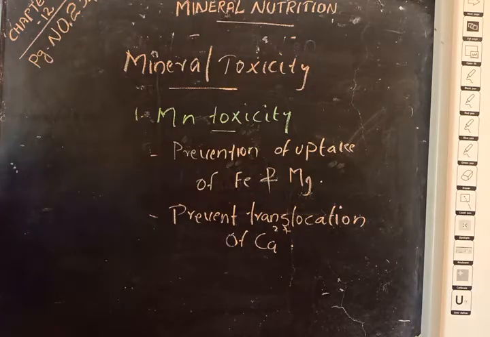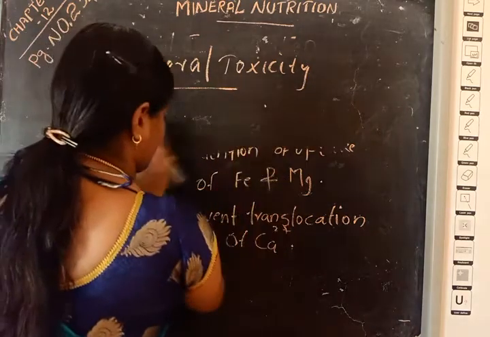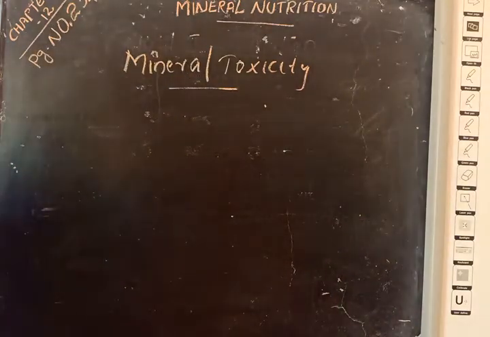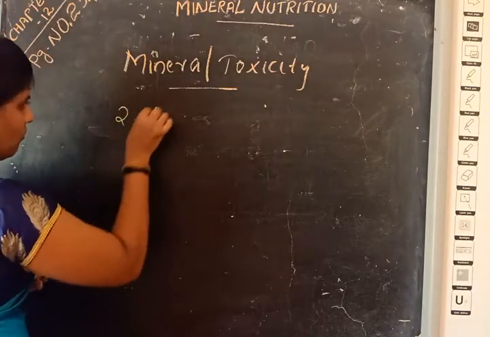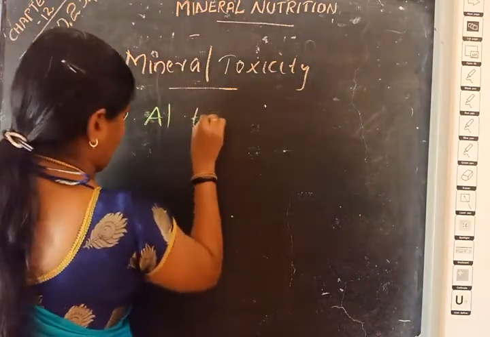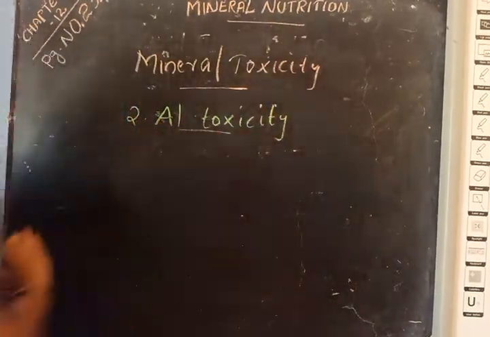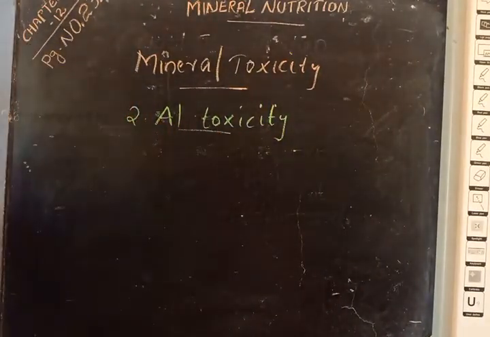Now, aluminium toxicity. What does it cause? It causes the precipitation of nucleic acid, inhibition of ATPase, inhibition of cell division and binding of plasma membrane with calmodulin.